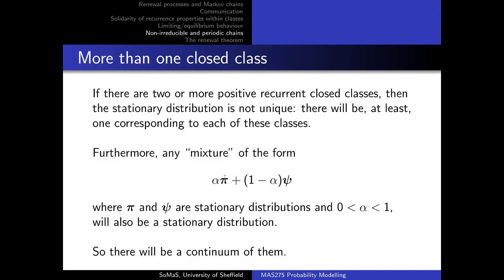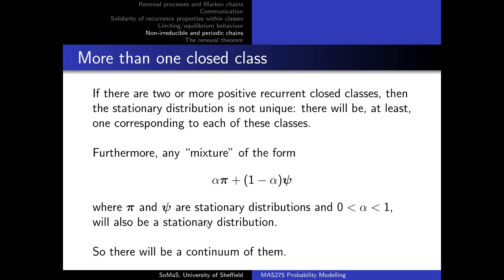For example, one of the classes has invariant distribution pi, the other one has invariant distribution psi. And then it's fairly easy to see that the stationary distributions in general for this Markov chain can be written as convex combinations of pi and psi. So we get alpha pi plus (1 minus alpha) psi, where pi and psi are those 2 stationary distributions.